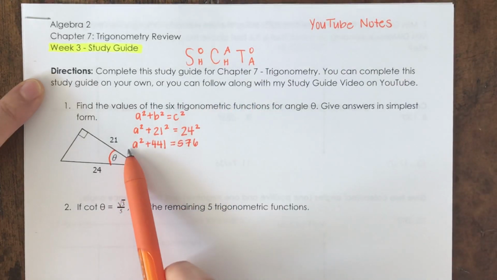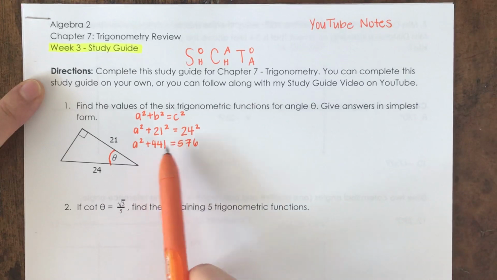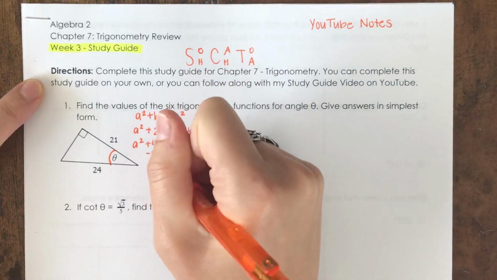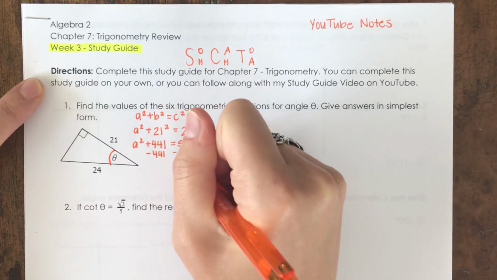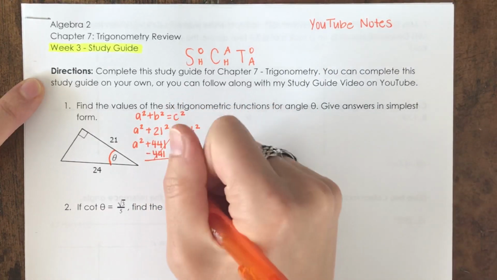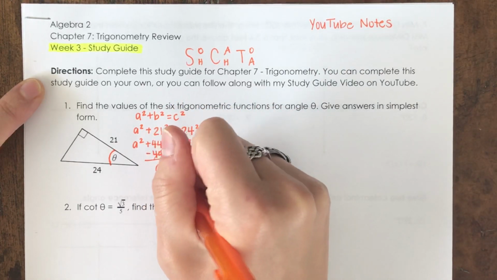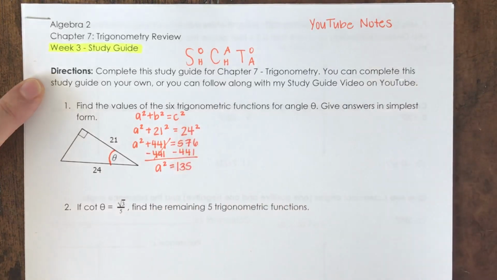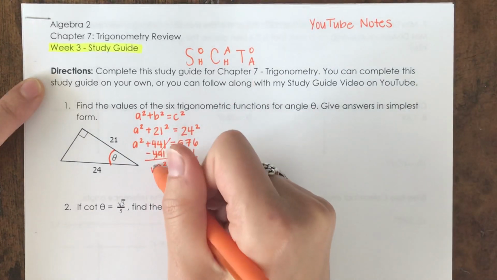Then I'm trying to get the a by itself, so I'm going to take this 441 and subtract it from both sides. And when I do that, I get a squared equals 135. And then to get a by itself, I'm going to square root both sides.